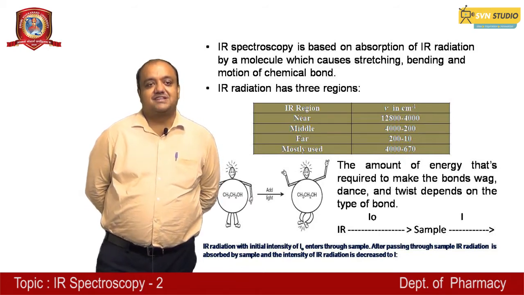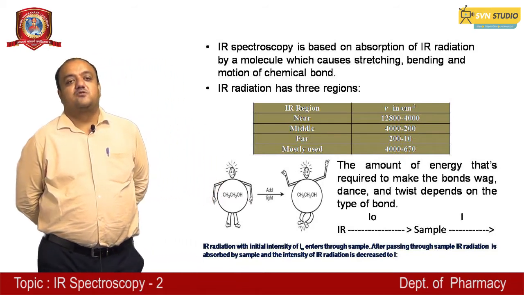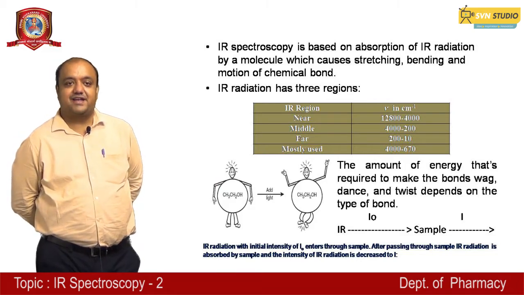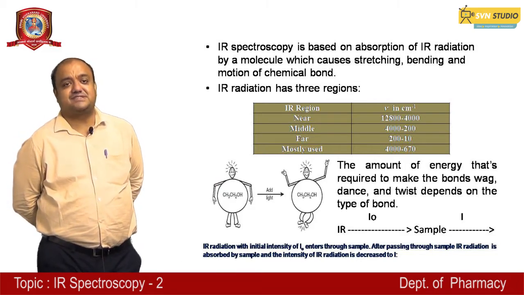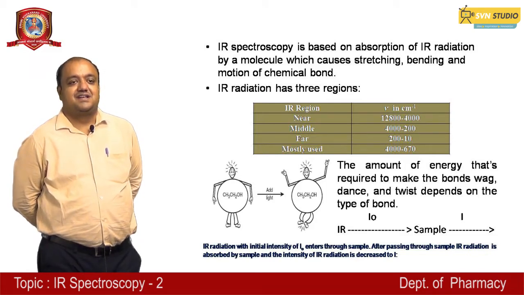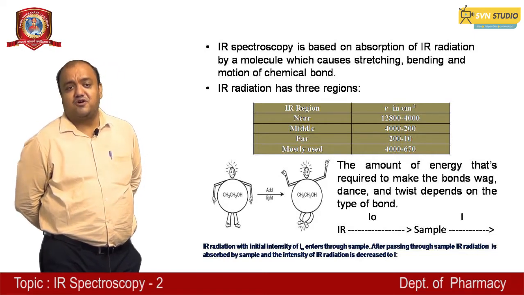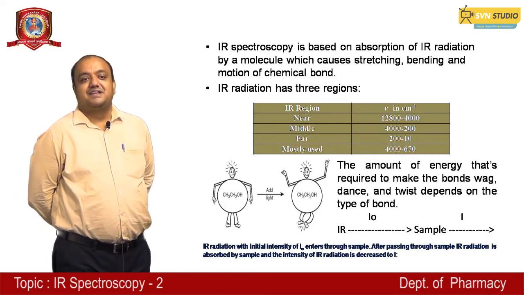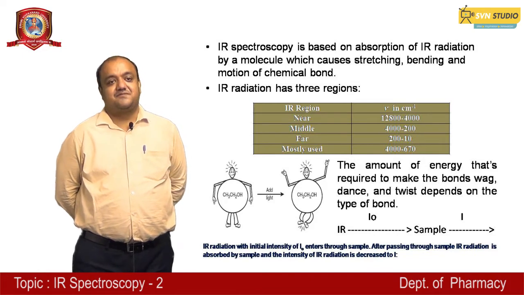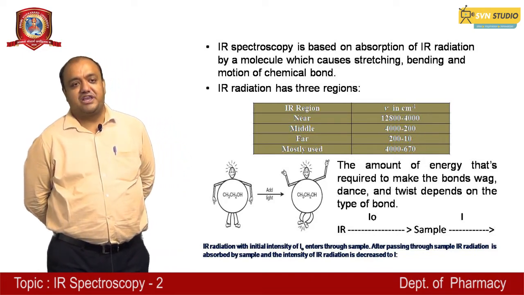The amount of energy that is required to make the bonds wag, dance and twist depends on the type of bond. Here are examples of the bonds and the energy which the molecules absorb.